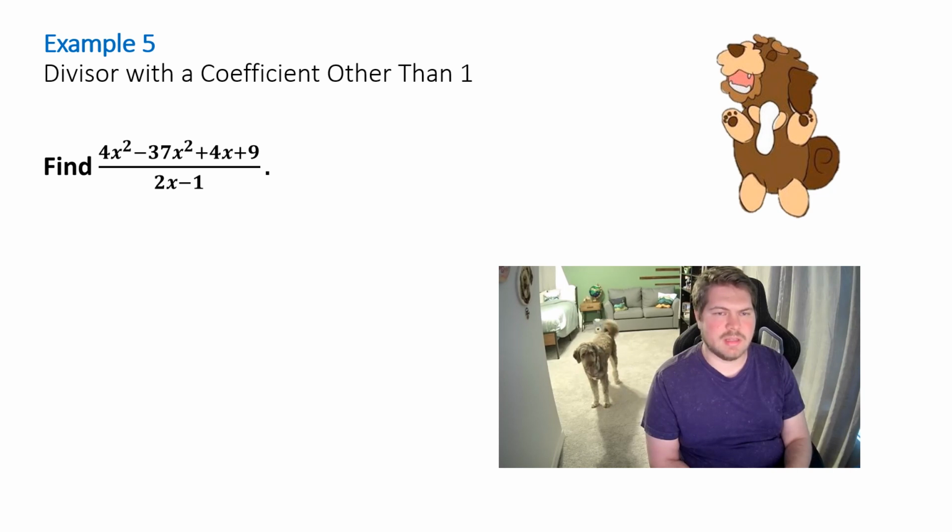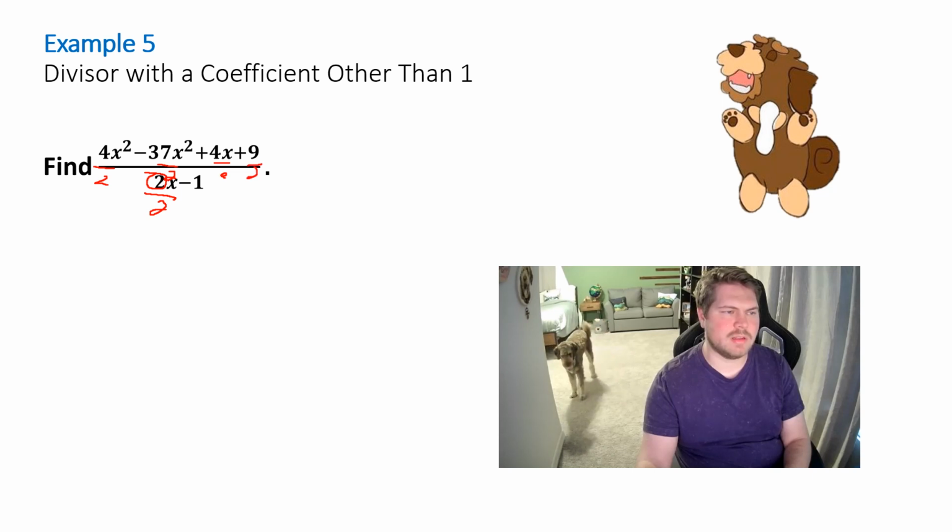But basically, because this is a 2 right here, to set it up, they divided everything by 2, which is not how I do it, but I wouldn't do it at this step.